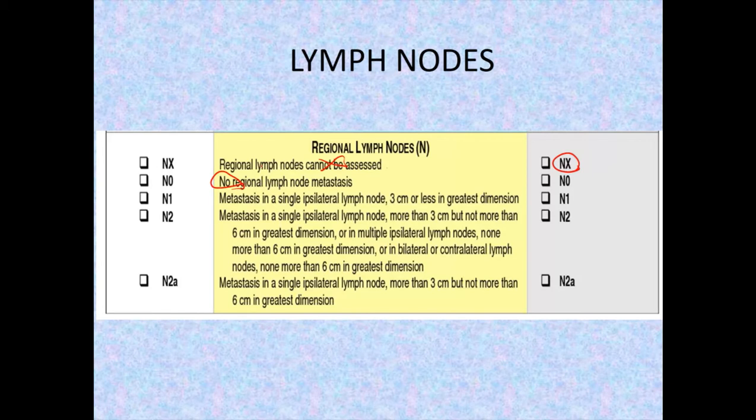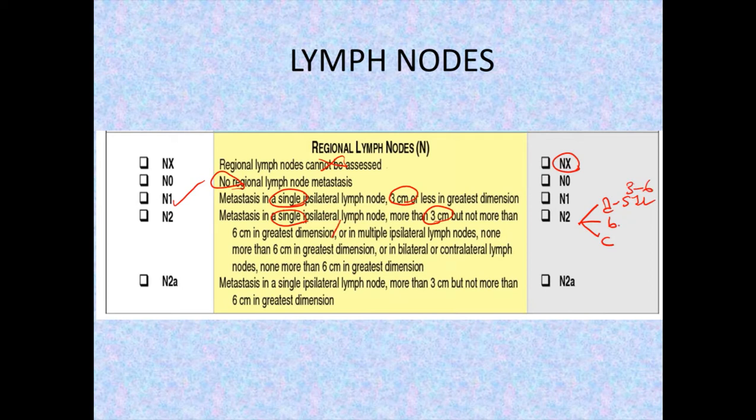N0 is no regional lymph node metastasis. N1 is metastasis in a single ipsilateral lymph node, 3 centimeters or less. N2 is divided into N2A, N2B, N2C. N2A is a single ipsilateral node, between 3 to 6.